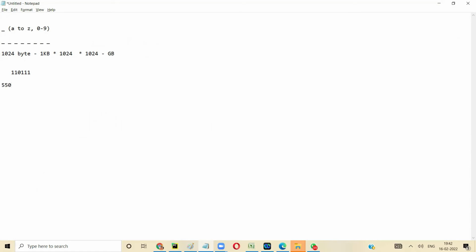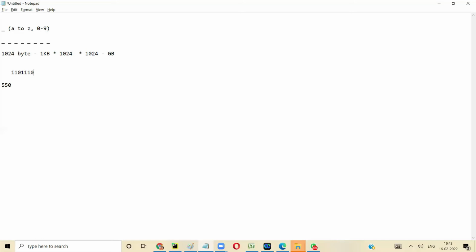Same thing here: when I'm doing left shift, each digit moves one position to the left, and the last position is left with 0.